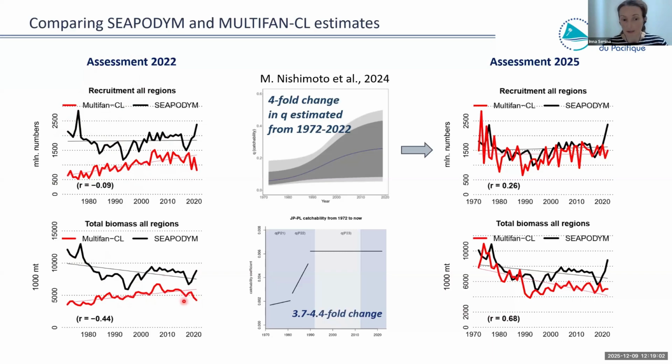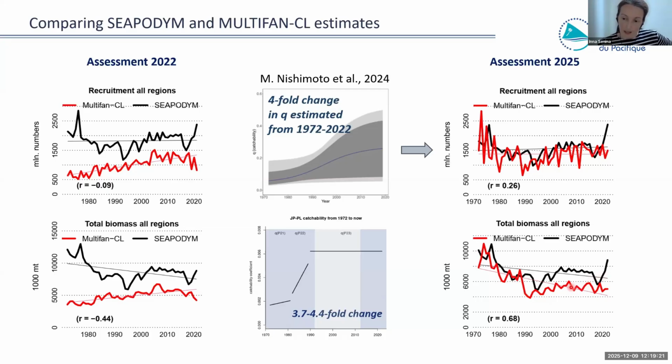The good news is that we are converging. If you look at the comparison with the assessment 2025, we are getting very close, although above in terms of the total stock estimation in the WCPO, and we have the trends converging as well.